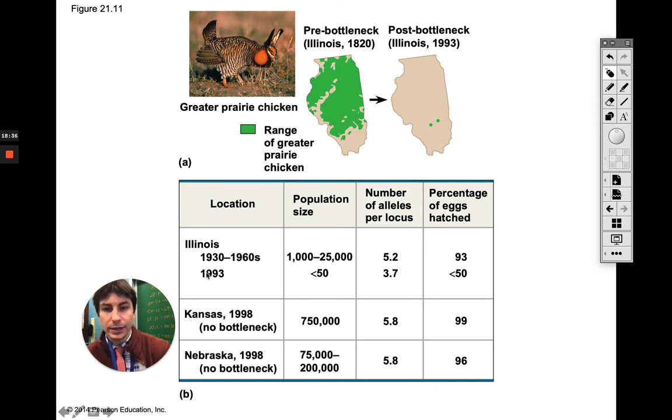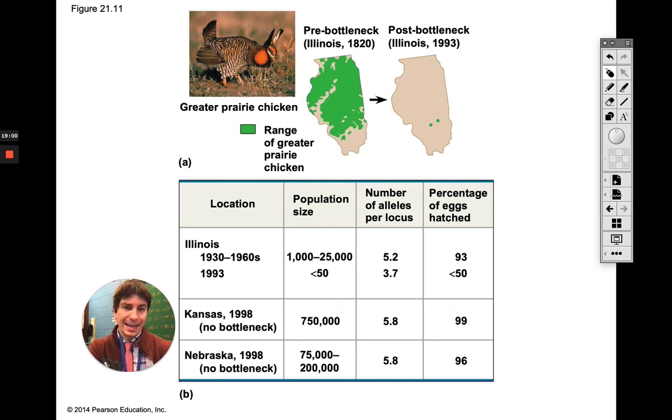So in Illinois here, if you guys can see, between 1930 and 1960, we had about 93% of the eggs hatching. But in 1993, after the bottleneck, less than 50%. But where there was no bottleneck, in Kansas and Nebraska, the eggs were still good. They were still hatching at a very big rate there, okay?